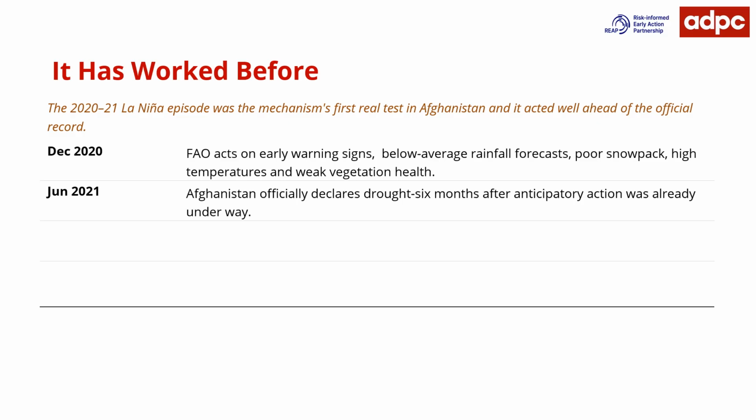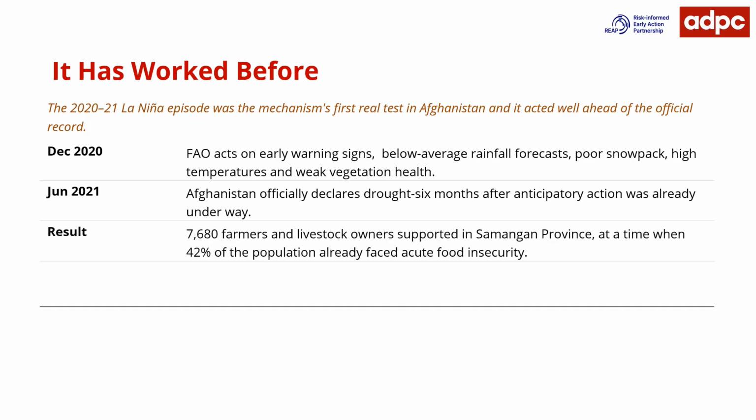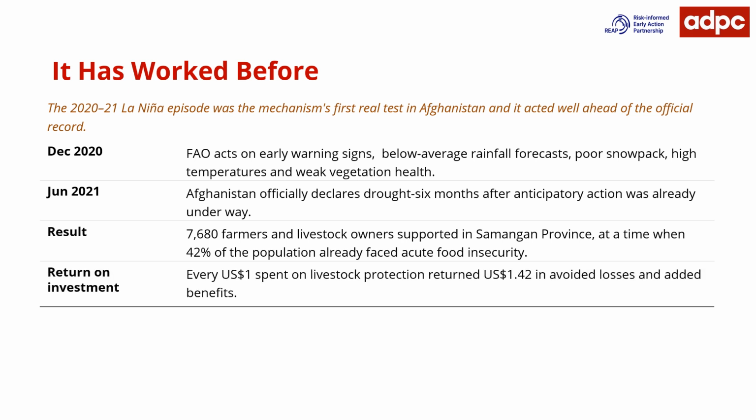In June 2021, Afghanistan officially declared drought, 6 months after anticipatory action was already underway. The result: 7,680 farmers and livestock owners were supported in Samangan province, at a time when 42% of the population already faced acute food insecurity. The return on investment was strong. Every $1 spent on livestock protection returned $1.42 in avoided losses and added benefits.